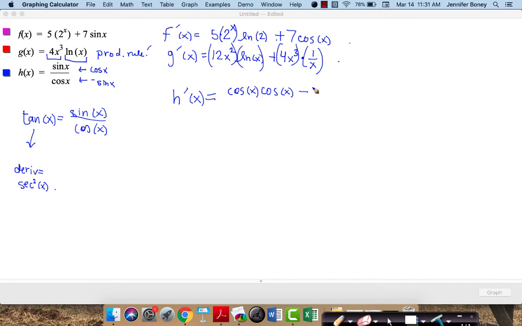So I'm going to have minus negative sine of x times sine of x. So that's our numerator of quotient rule, and the denominator is the original denominator squared.